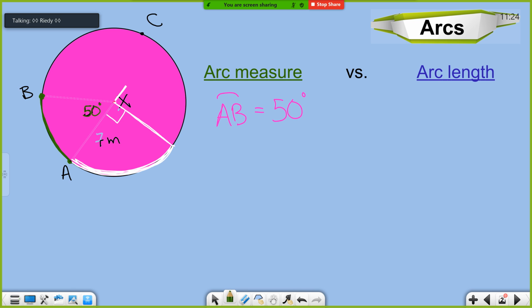So what we're doing here, and this is where the keeping it simple process comes in, we are simply taking a portion of the circumference, or a fraction of the circumference, or a percentage of the circumference. And where do we get that measure? We get it from what Aiden described by taking the arc measure, dividing it by 360, and multiplying by the circumference.